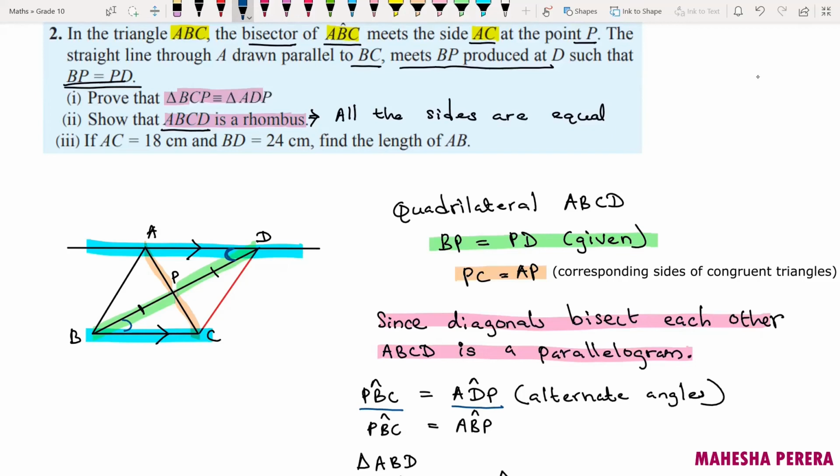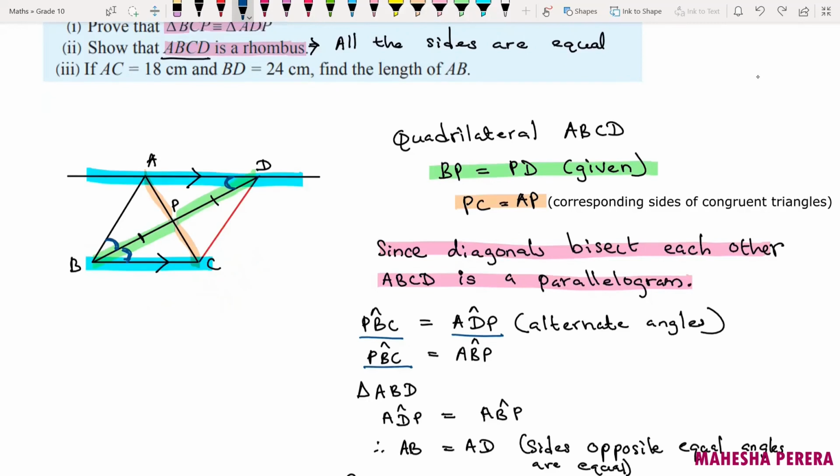And they are alternate angles since AD is parallel to BC. Now we know that BD or BP is the bisector of angle ABC. So that means this angle and this angle should be equal, right? So we can say PBC equals ABP. It's here, ABP, right?